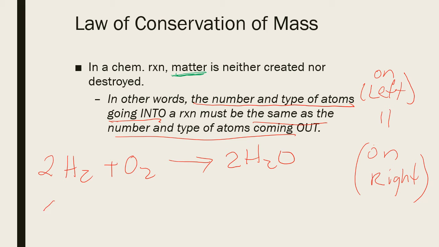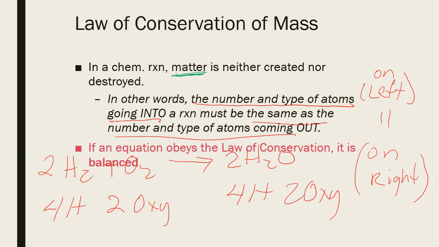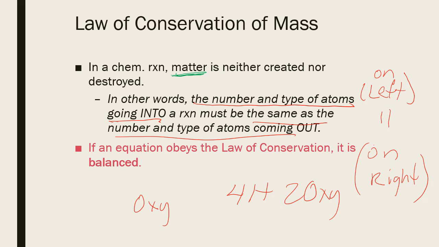I have 4 H's, and I have 2 oxygens, and I have 2 oxygens. I have the same number of atoms on both sides of the arrow. So we would say that this is balanced because I have the same number on both sides.